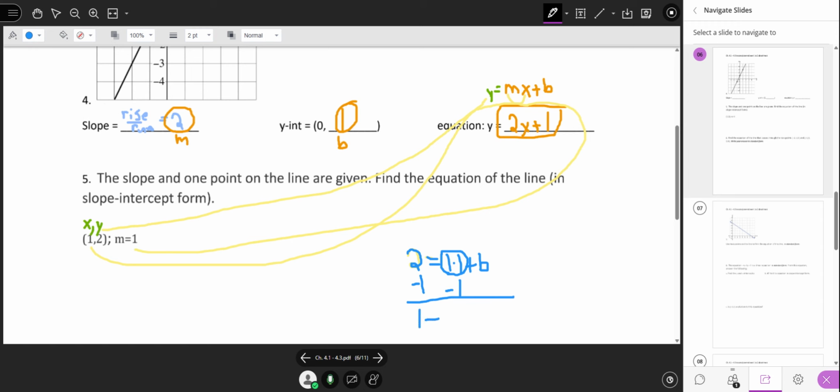So 1 is equal to b, and my m is 1, and it wants the equation of the line in slope-intercept form, and that's exactly what this is. So y equals 1x plus 1.